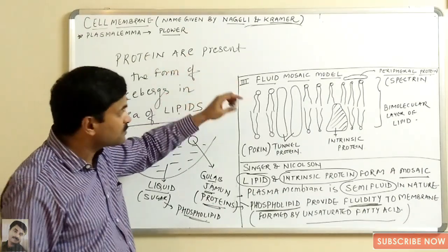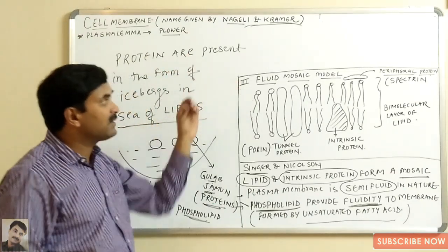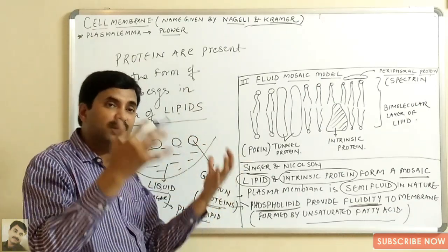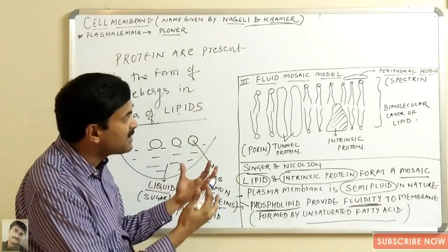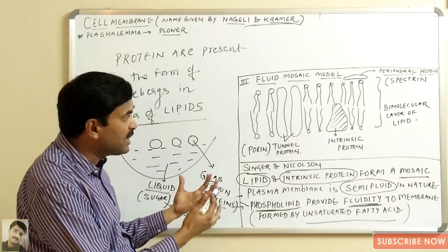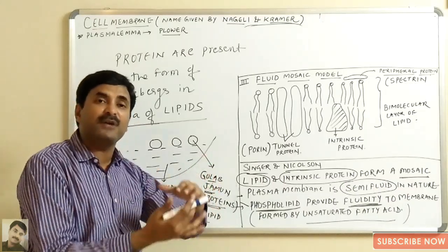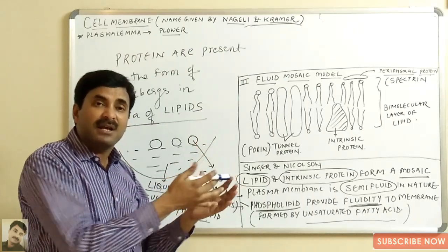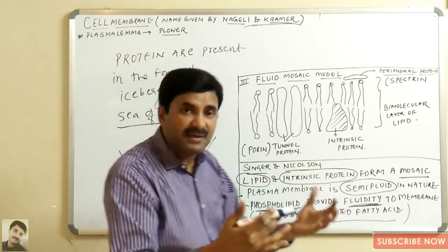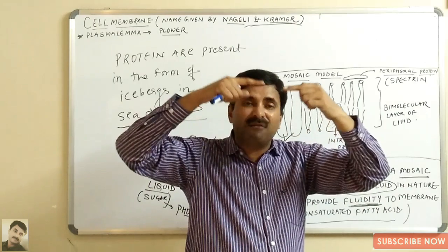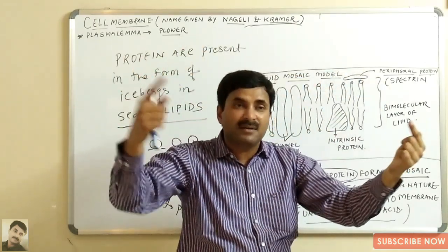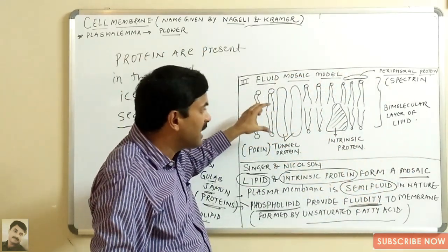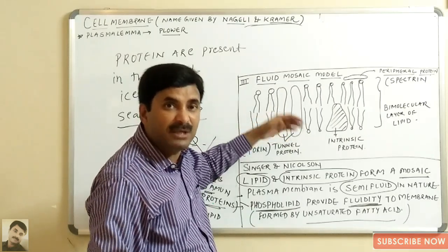You can see that the arrangement of the proteins shown by Singer and Nicholson is different from that shown by Danielli and Davson. Danielli and Davson said that the protein layer covers the phospholipid entirely, but Singer and Nicholson say the arrangement of the protein is a little bit different.